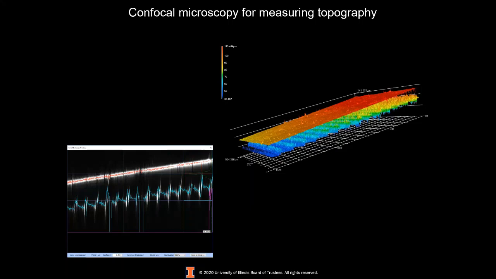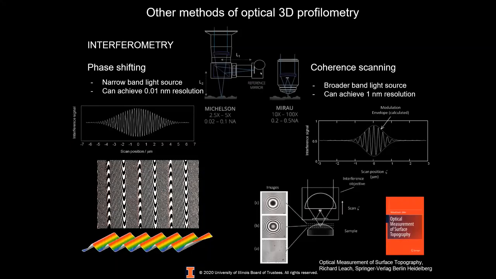Confocal and focus variation are not the only methods that are used for optical profilometry. Another one that is commonly used is interferometry. The two main modalities of interferometry that are most used for surface topography are phase shifting interferometry and coherence scanning interferometry.